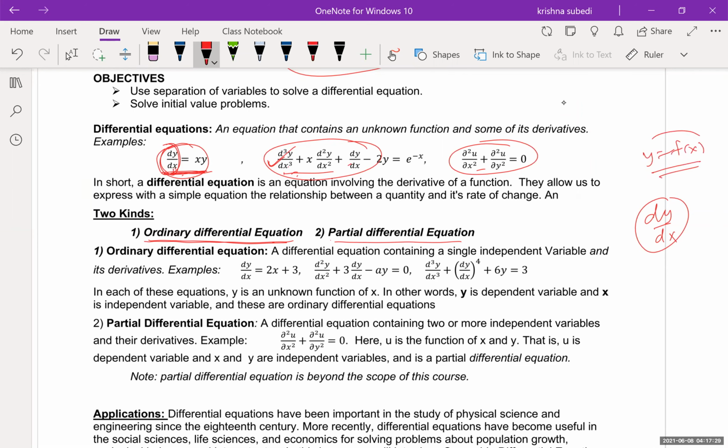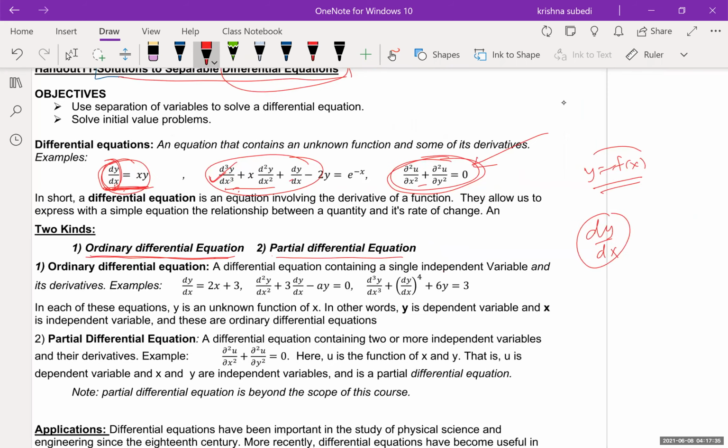Now the partial differential equation involves partial derivatives, which we will talk about in the next module in detail. Partial derivatives involve a function of two or more variables, something like z equals a function of x and y, okay?